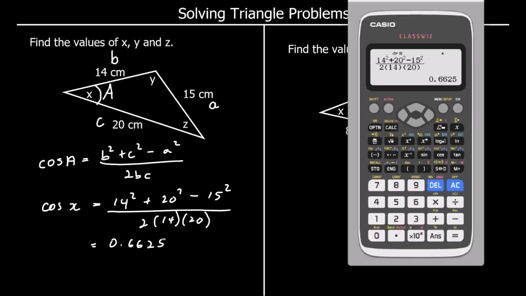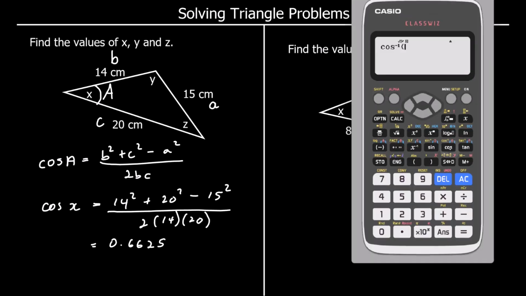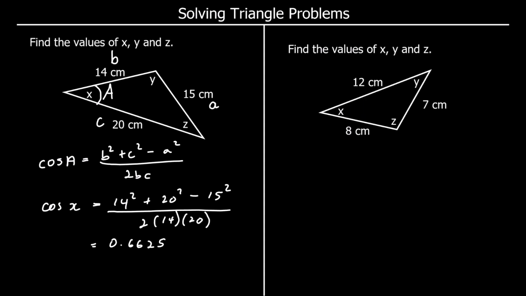So if we shift cos answer, we get 48.5 degrees. So x is 48.5 degrees. We could then use either the cosine rule again, so the same again, or use the sine rule, because now we know opposites.